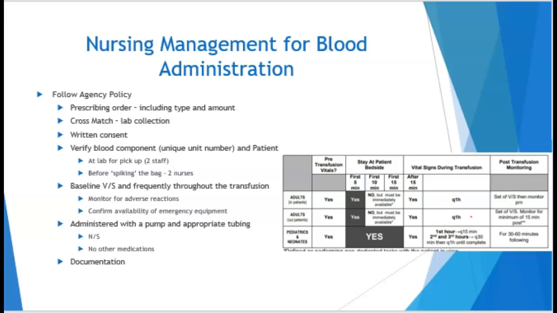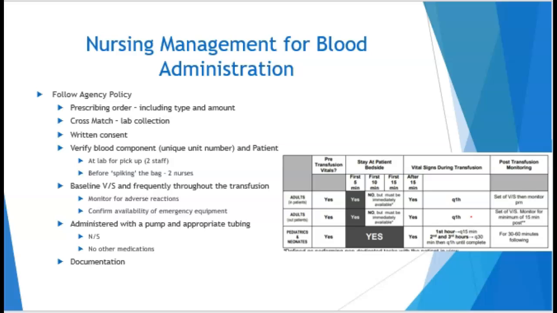Things that we would watch for is any type of infusion reaction. And if we do see an infusion reaction, which would be an elevated temp or shivering or any signs of anaphylaxis, we would immediately stop the infusion. We would maintain the IV access using a new IV line and new IV fluid, because we will need that line, or possibly need that line.